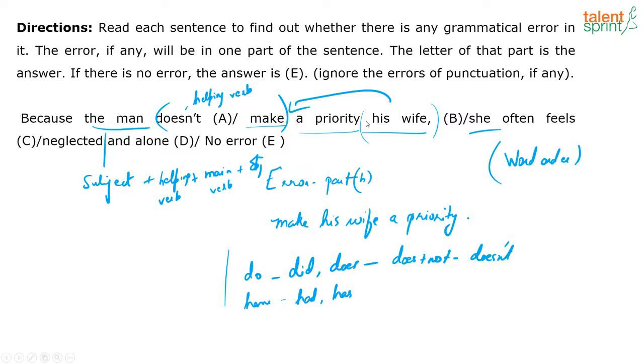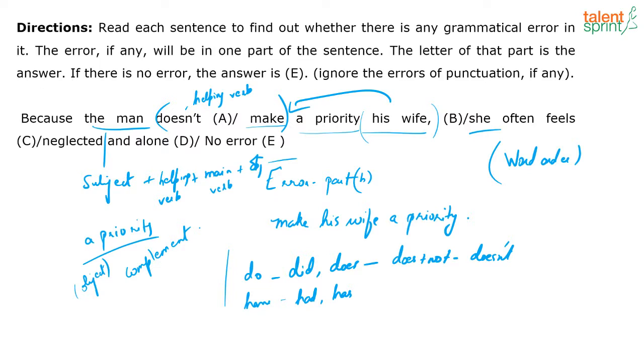The object is his wife. The man doesn't make his wife a priority. In fact, his wife a priority is more of a complement, completing the meaning of the context. The man doesn't make his wife what? A priority. A priority would be an object.